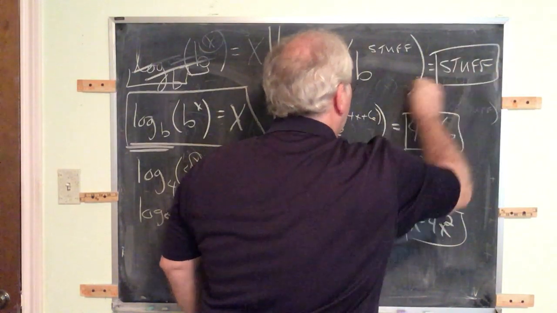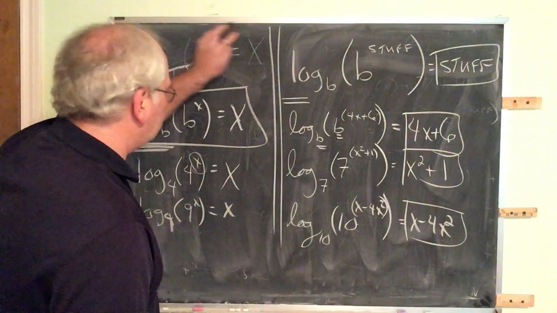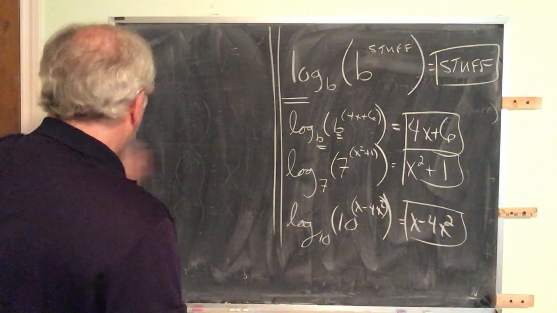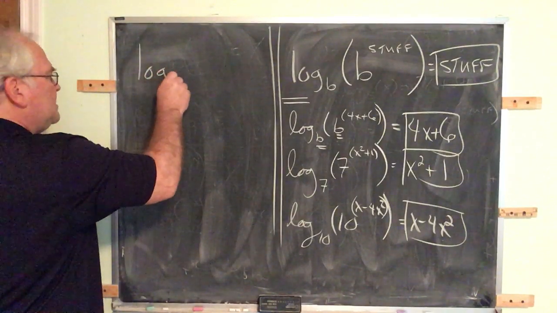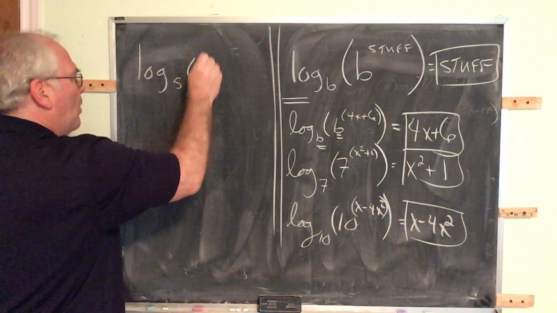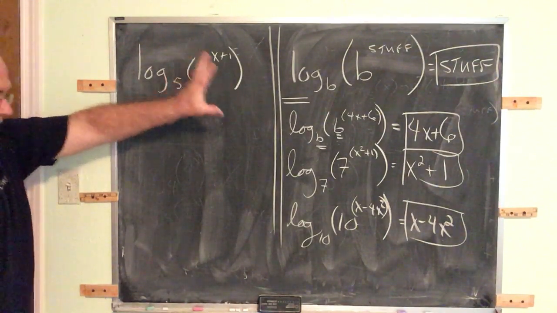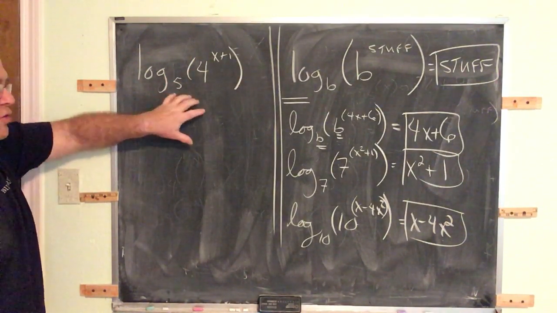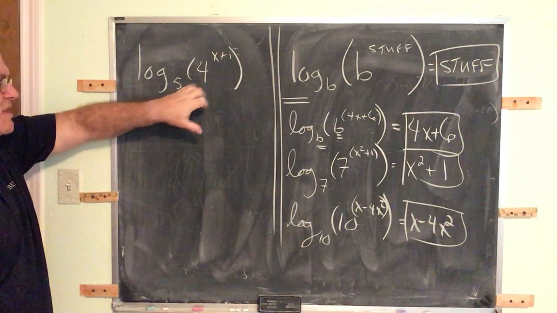And the key is log base b of b to the stuff. If the bases don't match, it doesn't simplify. If we have log base 5 of 4 raised to the x plus 1, this does not simplify using this procedure. The bases must match.